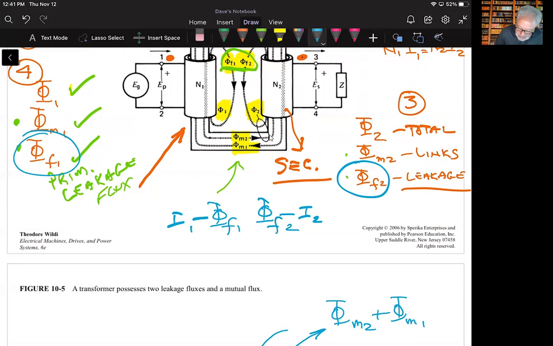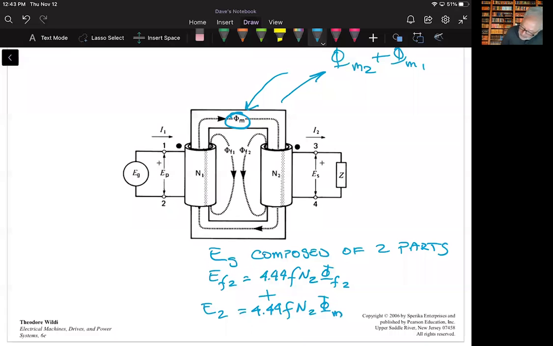And fifth, the voltage E sub S that's induced in the secondary is actually composed of two parts. Remember, anytime you have flux, you're going to generate a voltage.